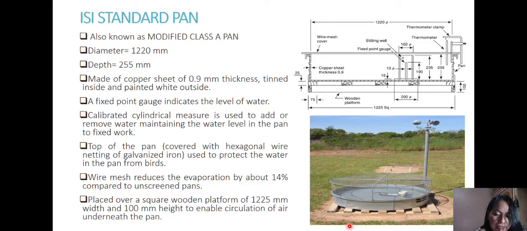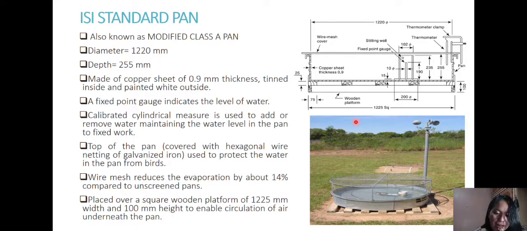A fixed pointed gauge indicates the level of water. A calibrated cylindrical measure is used to add or remove water, maintaining the water level in the pan to fixed mark.